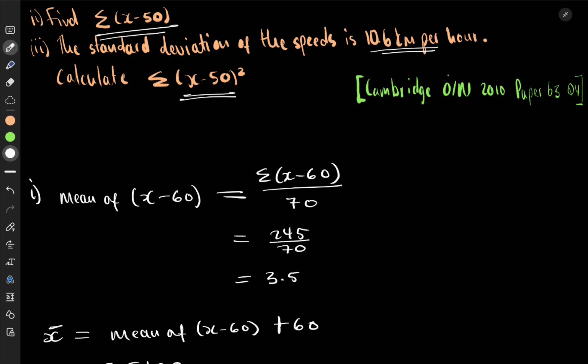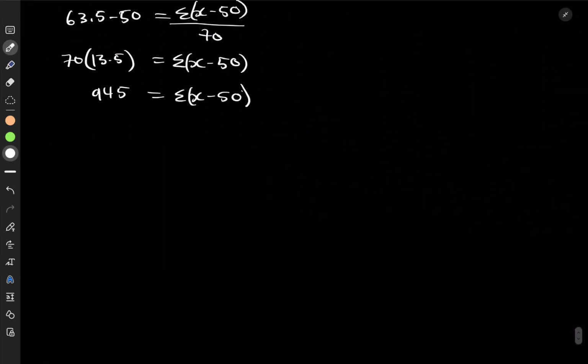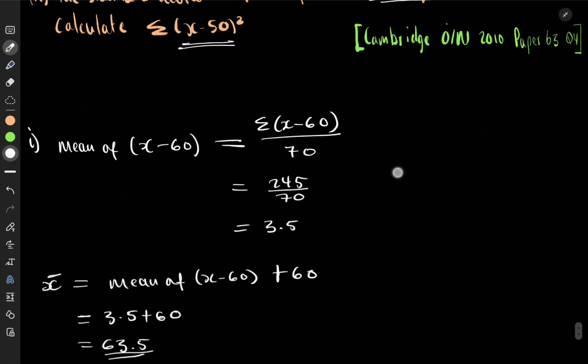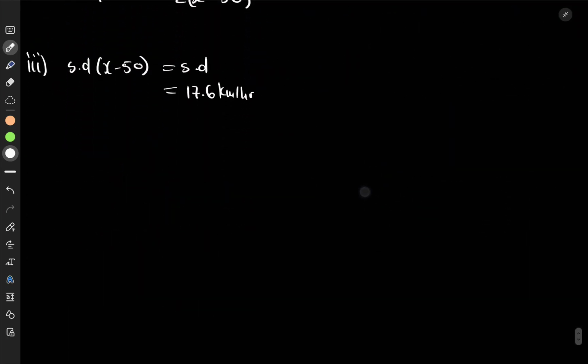So part 3, the standard deviation of x minus 50 is equal to 10.6 kilometers per hour.